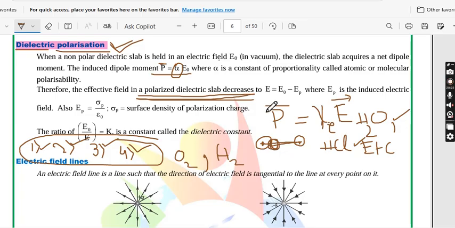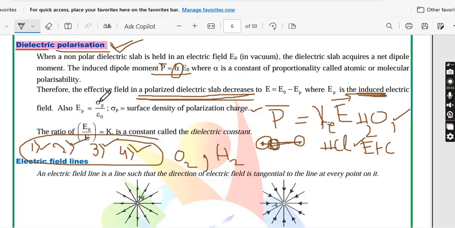Here E naught is the applied electric field and EP is the induced electric field. EP can be written as sigma P divided by epsilon naught, where sigma P is the surface density of polarization charge.